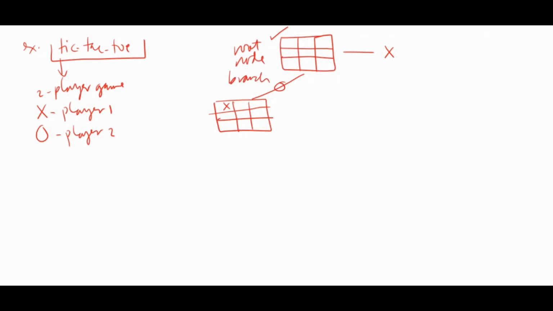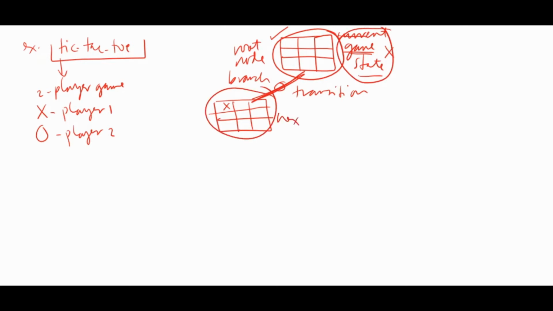We call this one here a branch, which is a transition from this current game state. This one is the current game state, and this branch represents the transition from the current game state to this next game state.